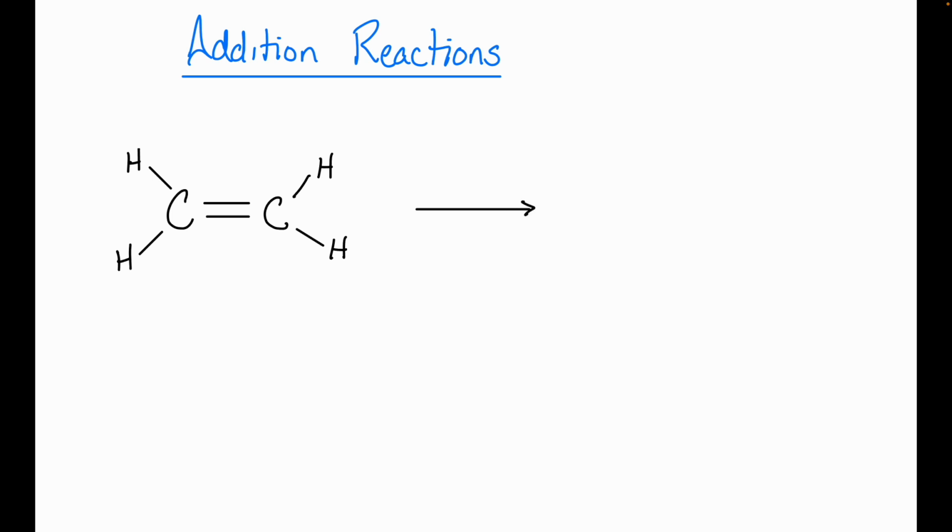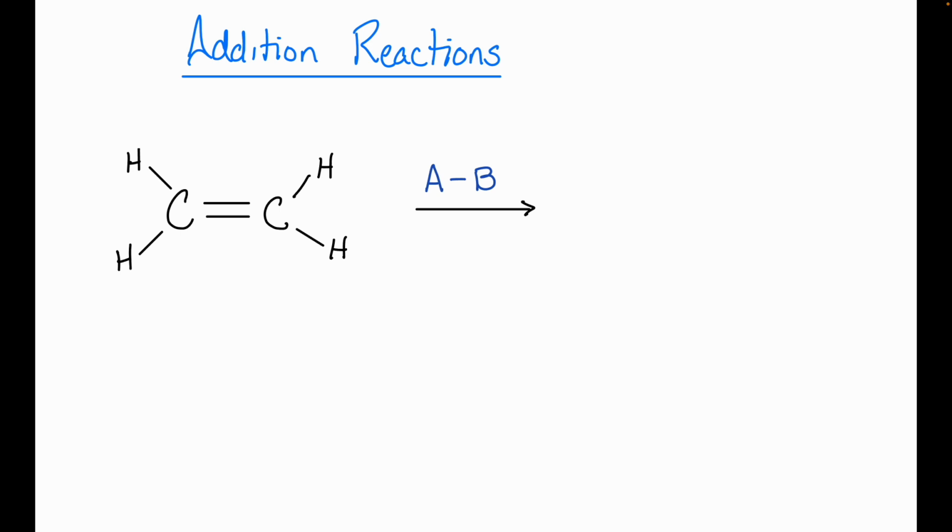All right, and what we're going to do is react our alkene with this small molecule. I'm going to say A and B here. We'll talk about specific molecules. We're going to leave it as a variable here to start out with.